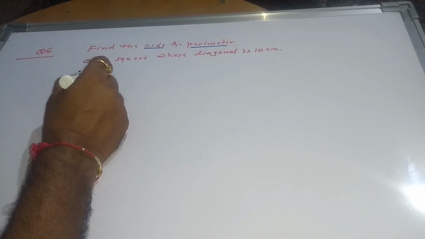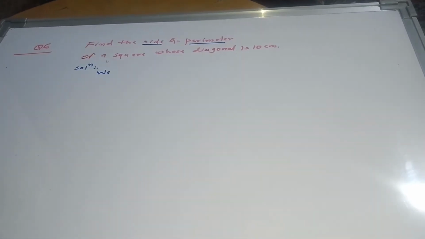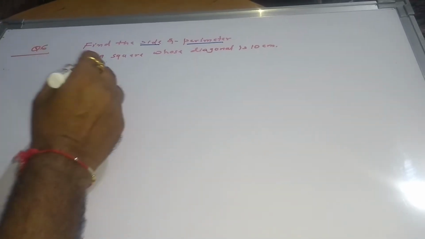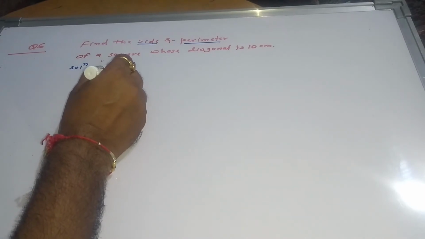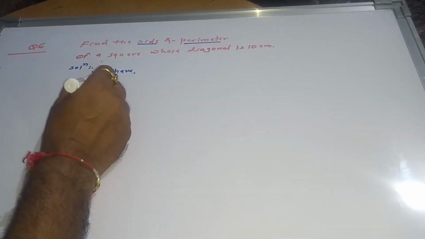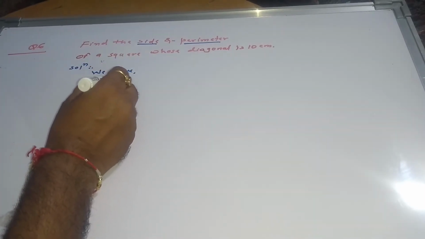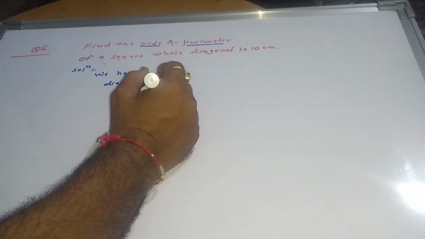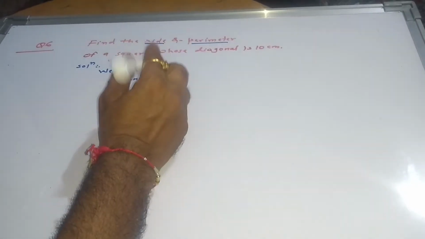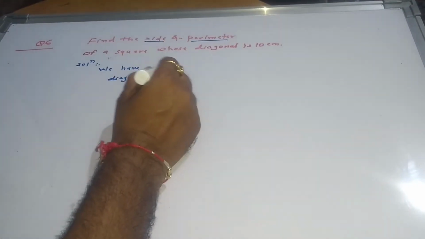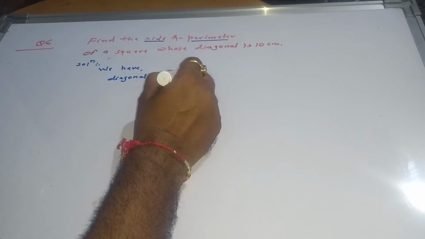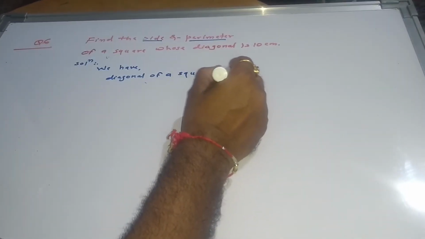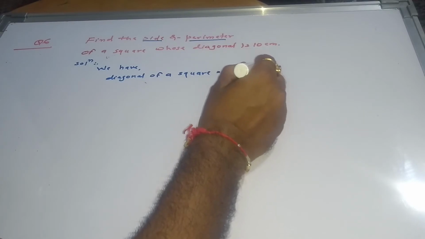We have that diagonal is equal to diagonal of a square, is equal to √2 into side.